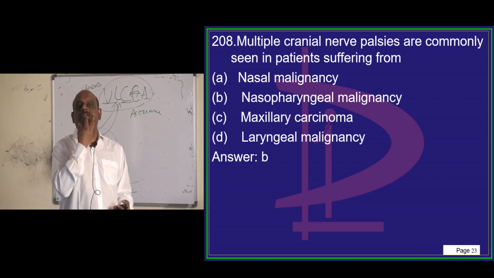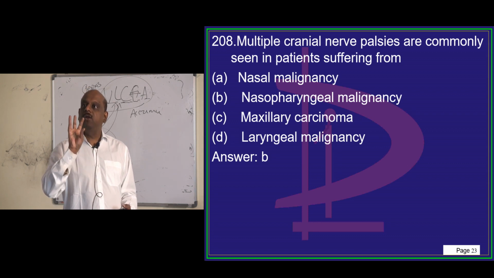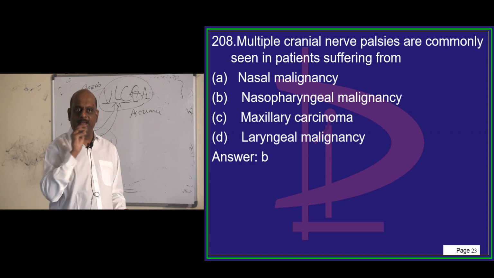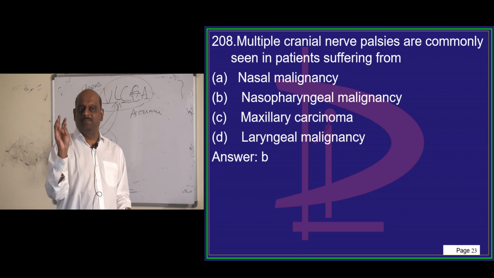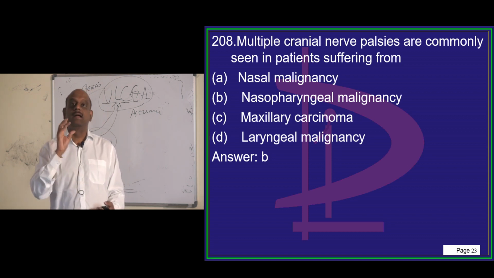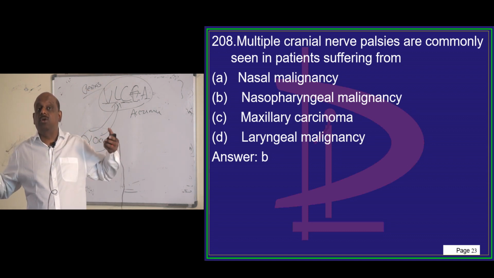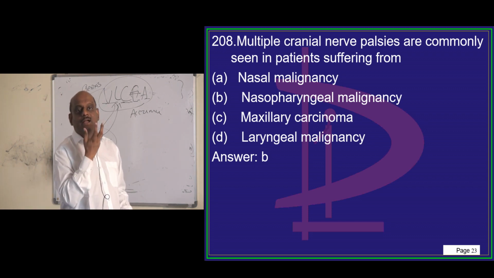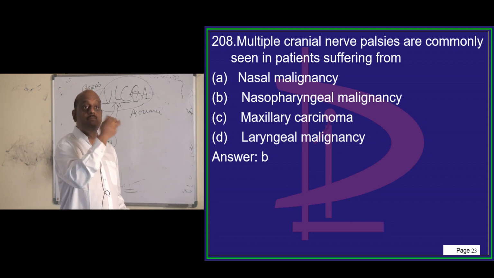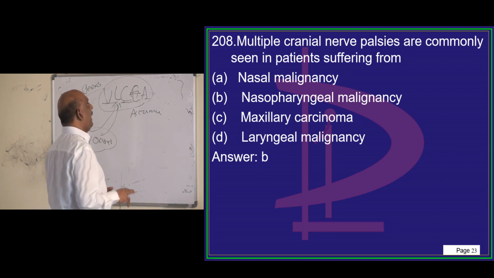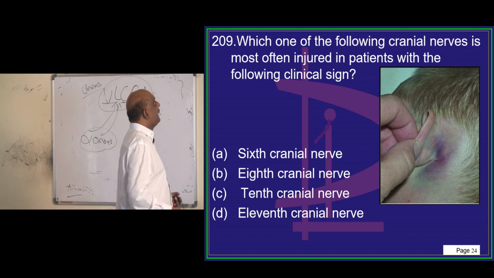If there is a nasopharyngeal malignancy, it will try to go and hit the base of the skull. There are a lot of foramina in the base of the skull: foramen rotundum, foramen spinosum, lacerum, etc. So these cranial nerves are coming out of them. So this nasopharyngeal carcinoma will hit the base of the skull, and that is the reason multiple cranial nerve palsies is the presenting feature in case of nasopharyngeal malignancy.